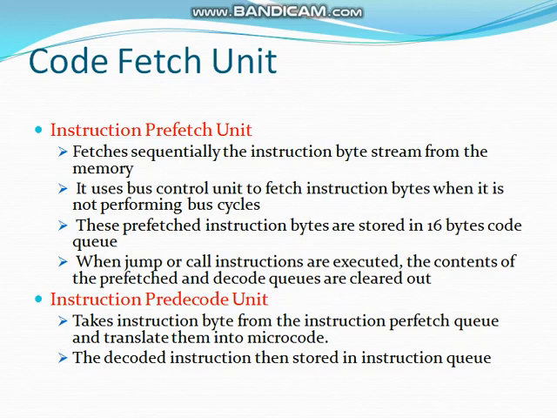Instruction pre-decode unit. This unit takes the instruction bytes from the instruction prefetch queue and translates them into a small program called microcode. Then it will decode the instruction and then store it into the instruction queue.